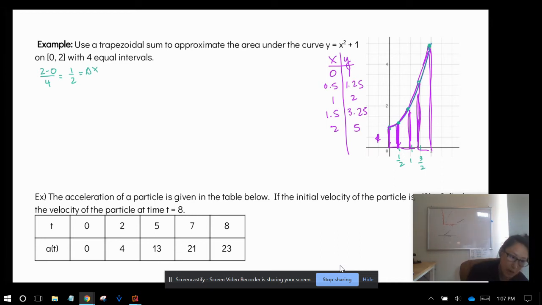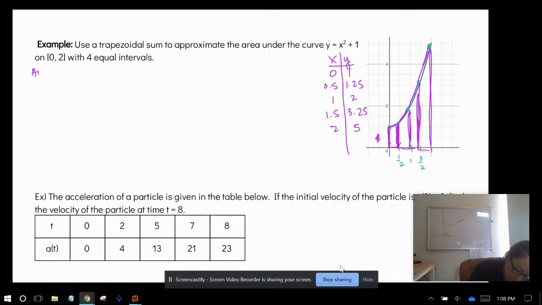And now we're going to get the sum of all of our trapezoid areas. All right, so I have area is about equal to, and I'm going to write this out the long way first.